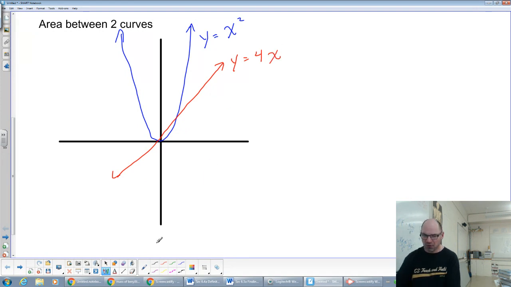What we're interested in is the area between these two curves. We've got a red curve and a blue curve here, and we want to find this area.